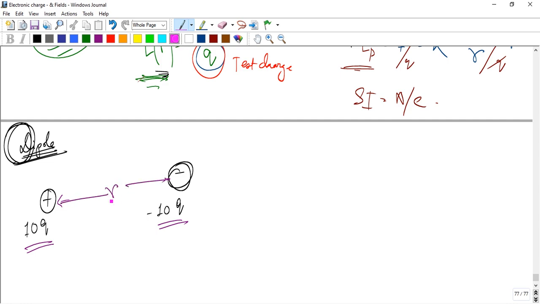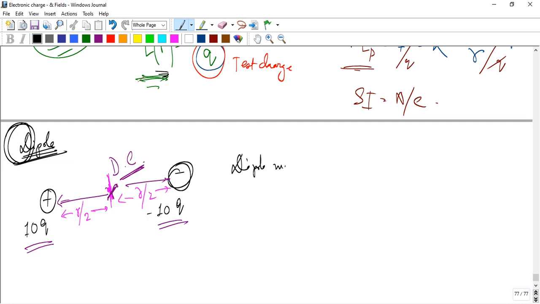The exact half point, r by 2, is called the dipole center, DC.